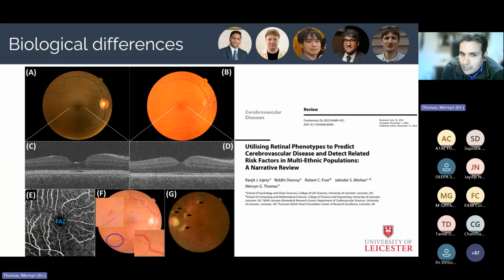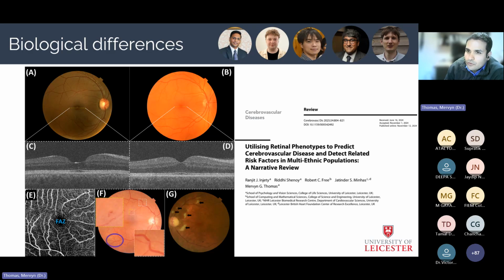So you could imagine accordingly, when we look at a scan through that foveal region, fovea is just a fancy Latin term for a pit, the shape is also different as a result. And so context matters. And that's why we led to this comprehensive review of cerebrovascular disease and how retinal phenotypes can predict cerebrovascular disease and why this is important within multi-ethnic populations.